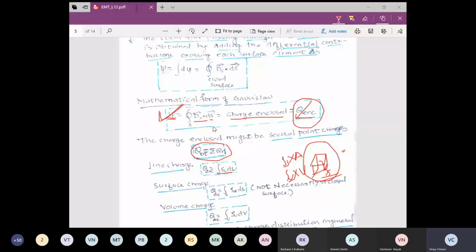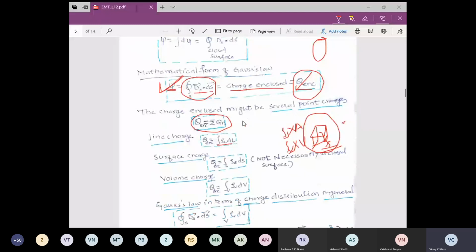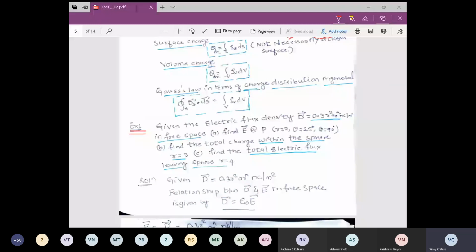And sometimes you don't know the flux and you don't know the charge enclosed, but for a given surface, if you know the flux density on that surface, you can evaluate this expression and find the total flux leaving, and you can also find the charge enclosed inside that surface. So we should really remember whatever points I said; that will be very useful when we solve the problems. You can see problem number one. Problem number one is related to Gauss's law.